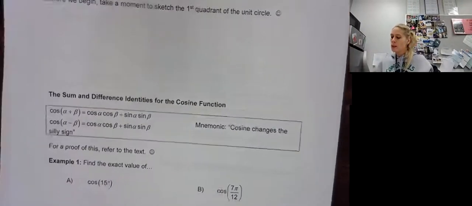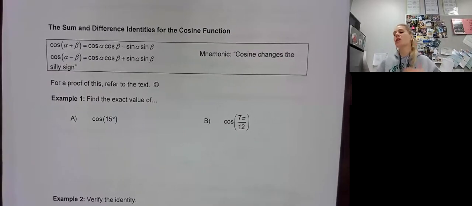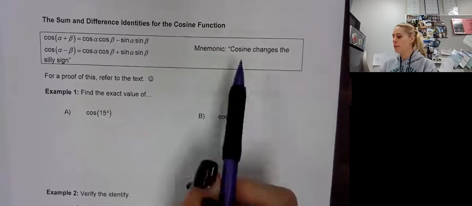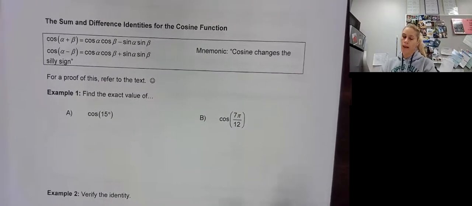Okay. So here are some differences. If you want proofs on this, you can just go in your book and see how they get it. But for now, I'm going to skip all that and do the exact value. So these are ones you're going to have to memorize, guys. So with cosine, one of the things to do is just remember that cosine changes the sign.